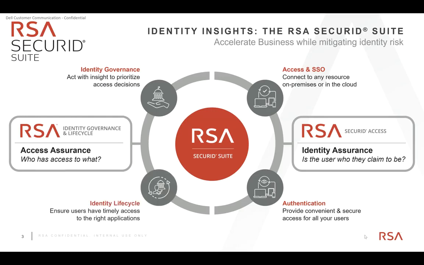After visibility, collecting information, knowing who has access to what, build your access review, segregation of duty, and everything. Now it's time to automate the cycle, starting from hiring, termination, movement, and assigning self-services to the end user. So for easy use, they can request access by themselves, approvals, notifications, and a lot of features. These are the two core components we have in SECURID suite, SECURID Access and Governance and Lifecycle.